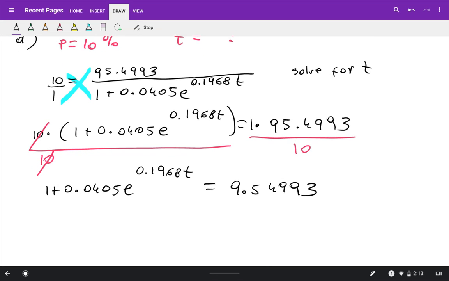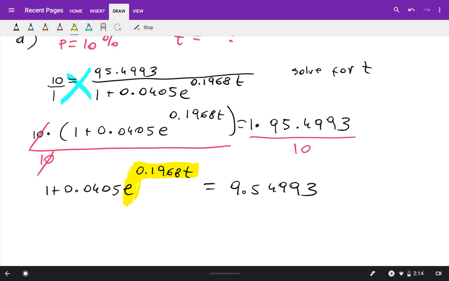Okay, now you need to solve an exponential equation. Don't forget that the first thing we need to do is isolate the exponential part. Of course you cannot add 1 to 0.0405, because of order of operations, PEMDAS, exponential first. So forget about adding. Eventually you'll see that they're not like terms.